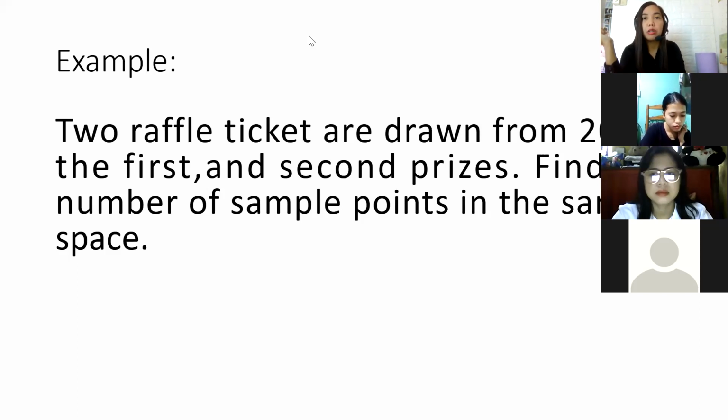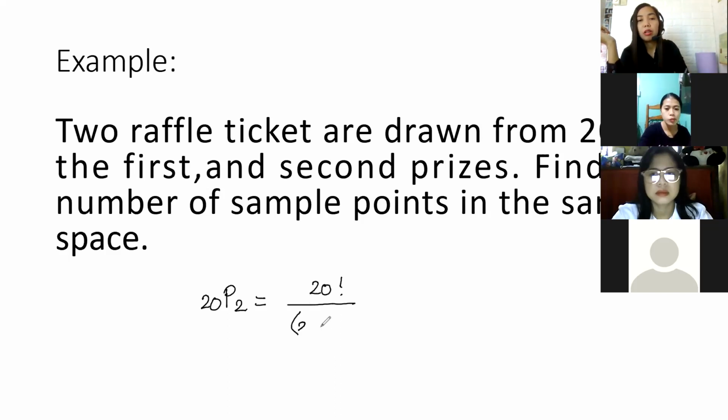Try it in your calculator, or if you are going to use the formula, 20 permutation 2 is n factorial over n minus r factorial.